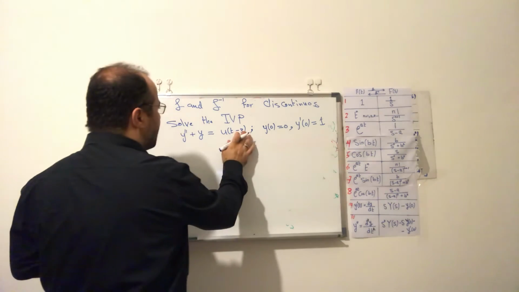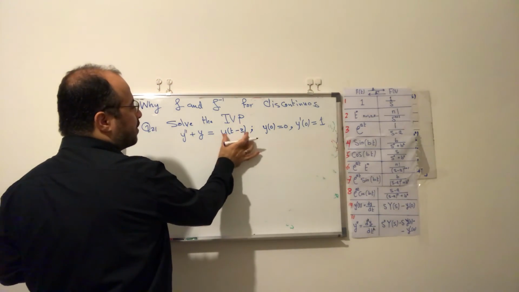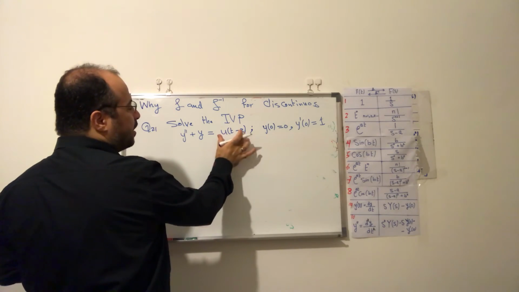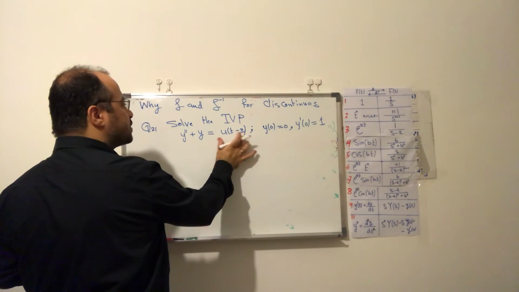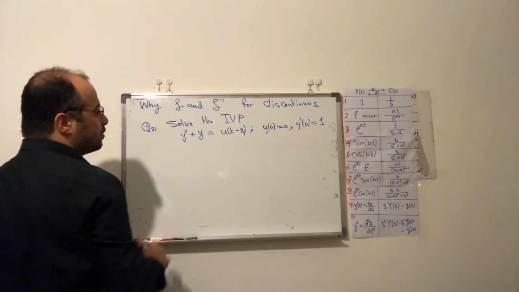So here is a very special function, a Heaviside function shifted 3 units. This is a jump discontinuous function, a discontinuous function with jump discontinuity.